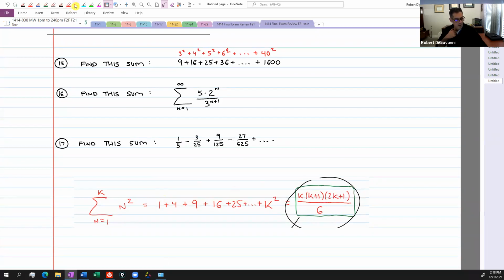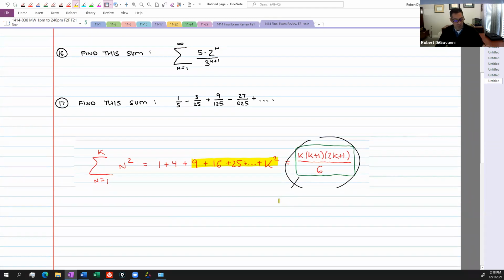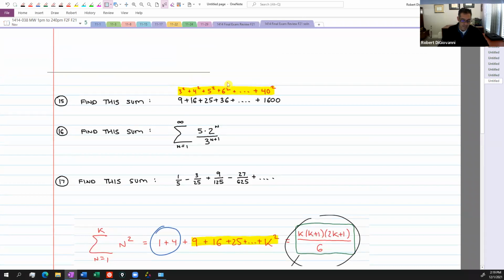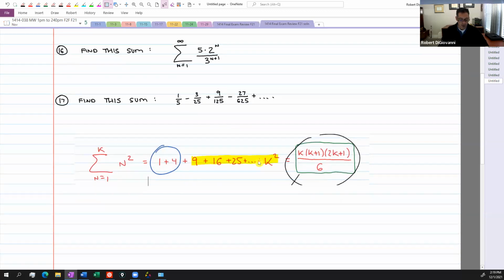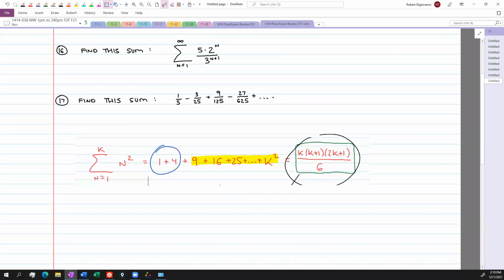So we are only looking for this part of it out to 40, which means we can use this formula, but we need to subtract off the first 2 from here because it's not part of this sum. Following me? Yep. The formula will start you out at 1, but we need to really start at 3. So let's go ahead and do this.